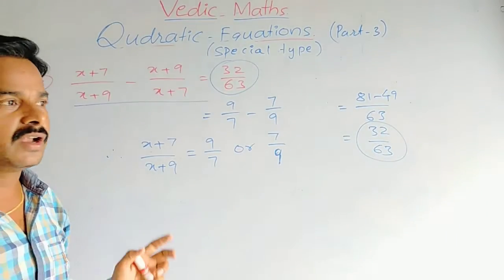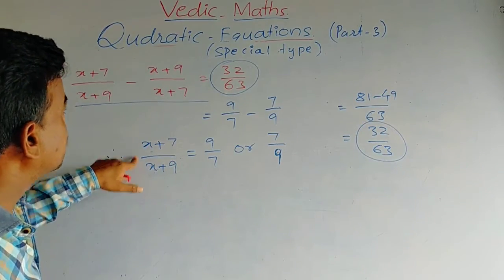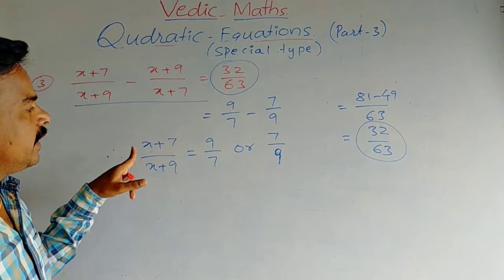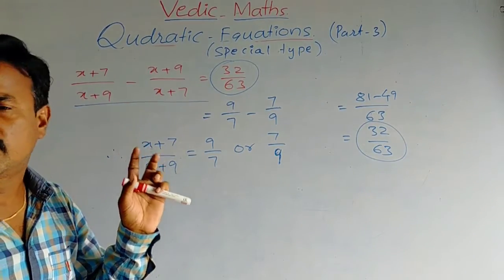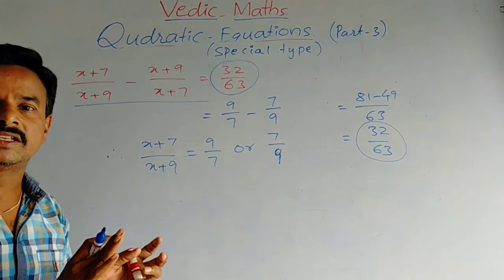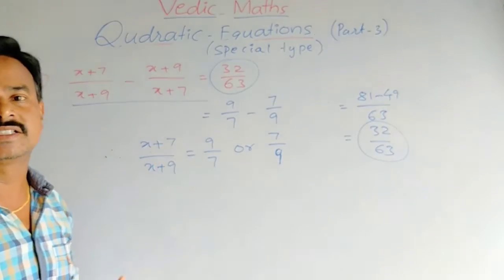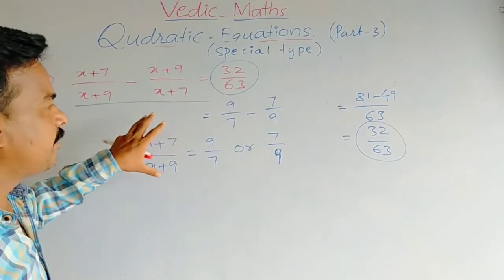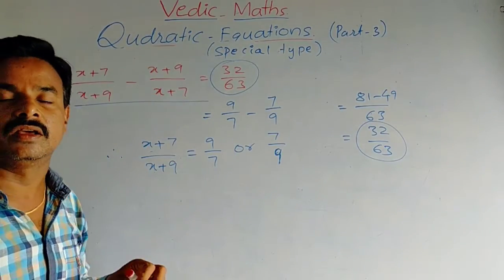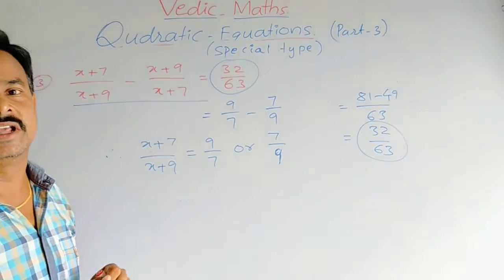It is a very time consuming method. If you use this Vedic method, it takes only 10 seconds. After practicing 4 or 5 problems, we can do it in 10 seconds. This Vedic method is also very useful for any competitive examination.